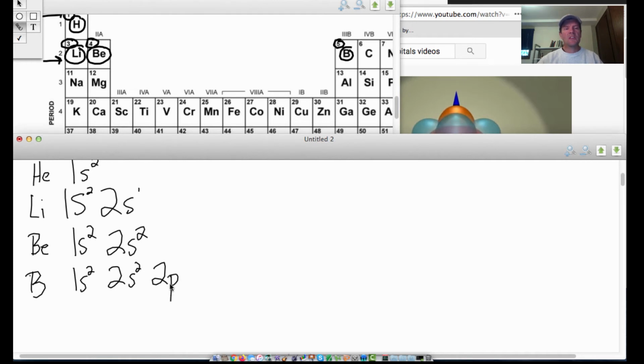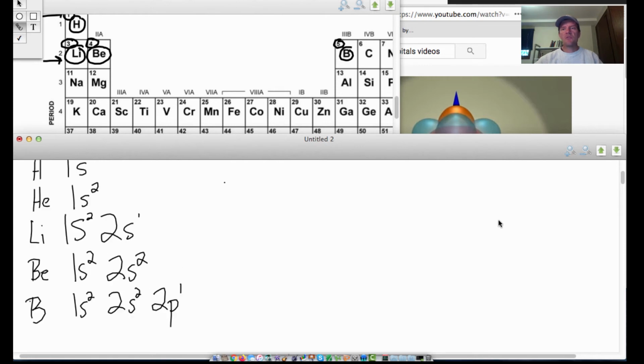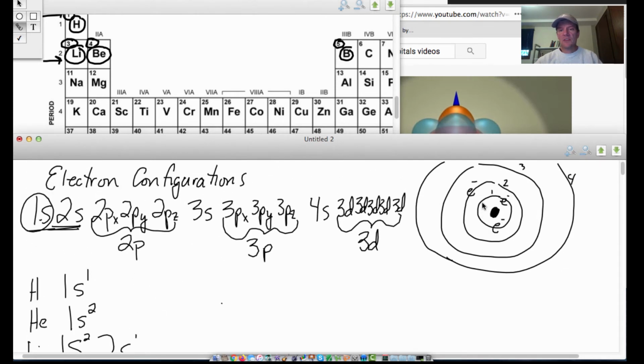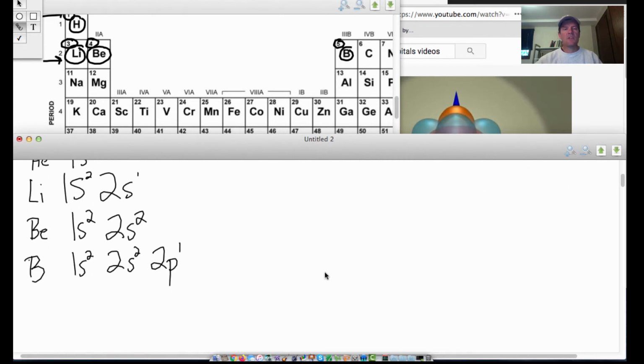So 2p, that's where our 5th electron goes. So far for boron, we've got 2 electrons in the first 1s orbital, and now we've got 3 electrons in the second energy level. Okay, 3 electrons. 2 in the 2s, 1 in the 2p.